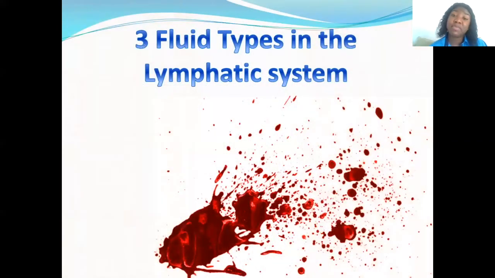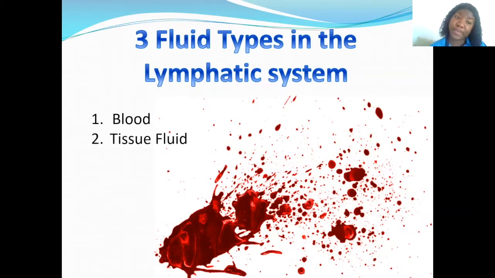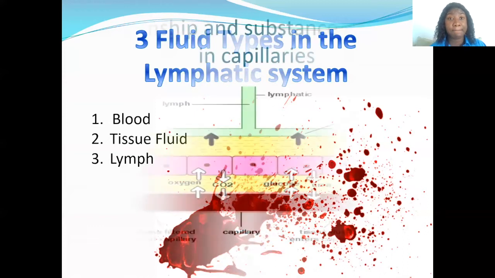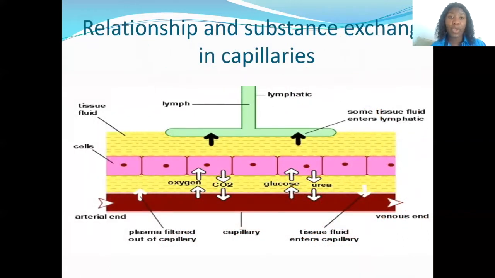So there are 3 types of fluid in the lymphatic system. You have blood, tissue fluid, and lymph. So let's look at the differences between them. Okay, so I need you to take note of this diagram that I have here.